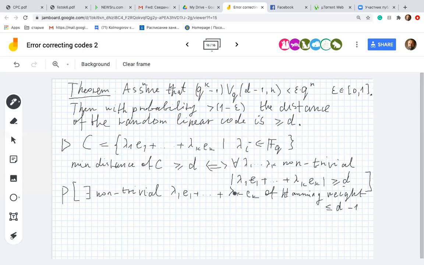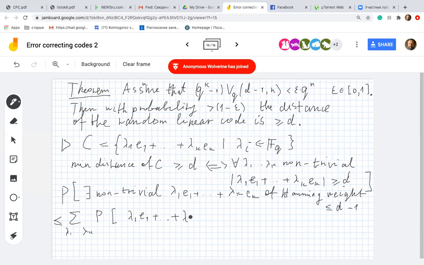So using the union bound, we can say that this probability is at most the sum over all lambda 1, ..., lambda k, non-trivial, of the probability of the event that a particular linear combination has Hamming weight at most d minus 1.